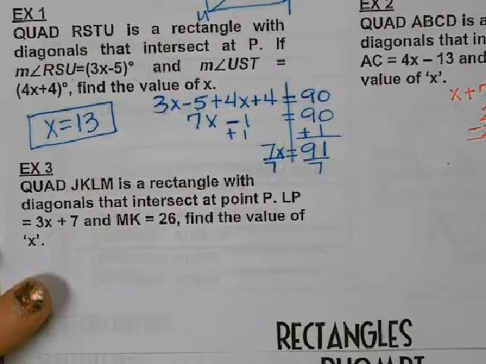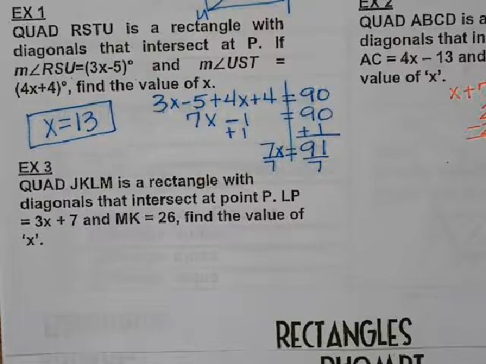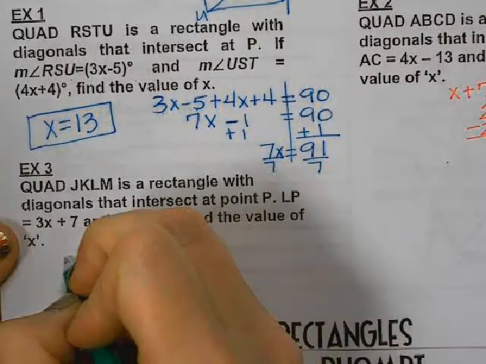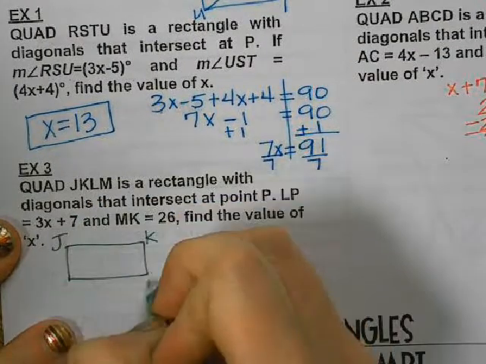Says quadrilateral JKLM is a rectangle with diagonals that intersect at point P. So let's go ahead and draw that rectangle. So JKLM. Hold on, I got black. Alright, green should be better. So quadrilateral JKLM. Remember, clockwise order.